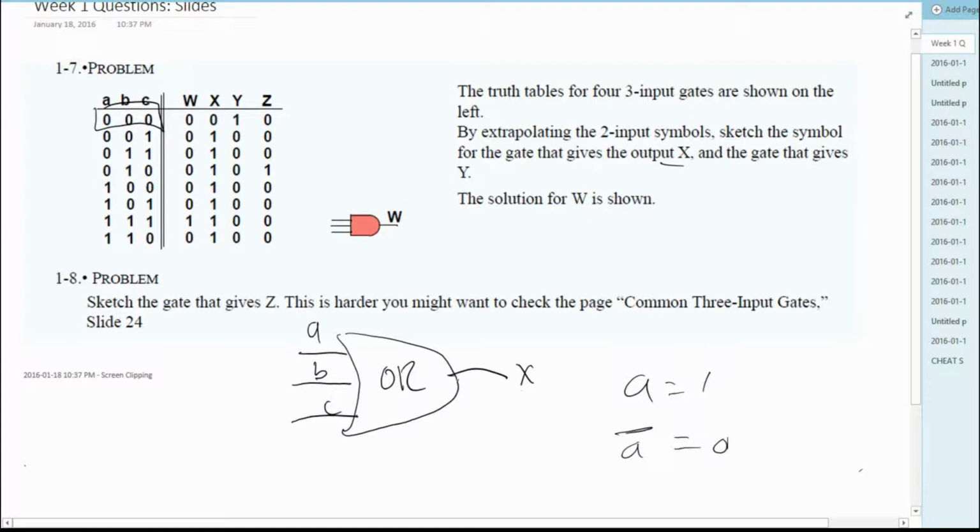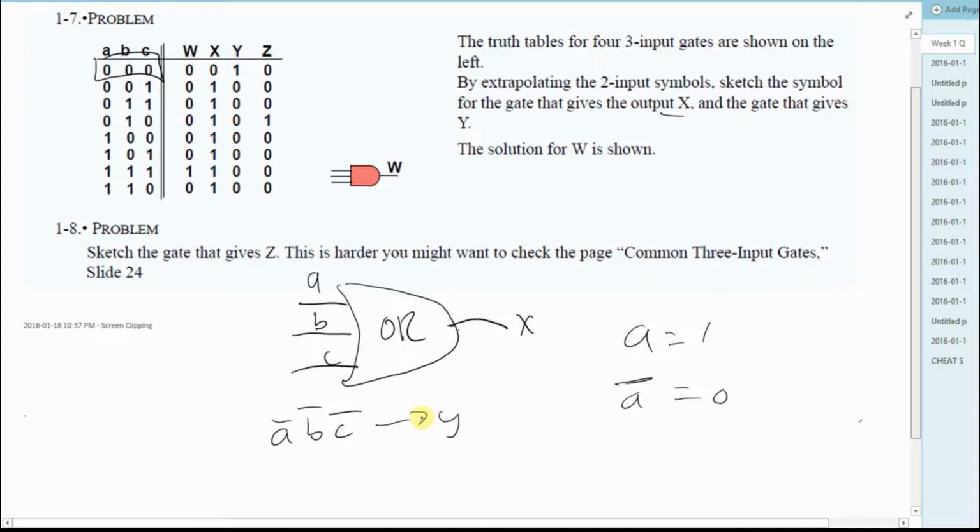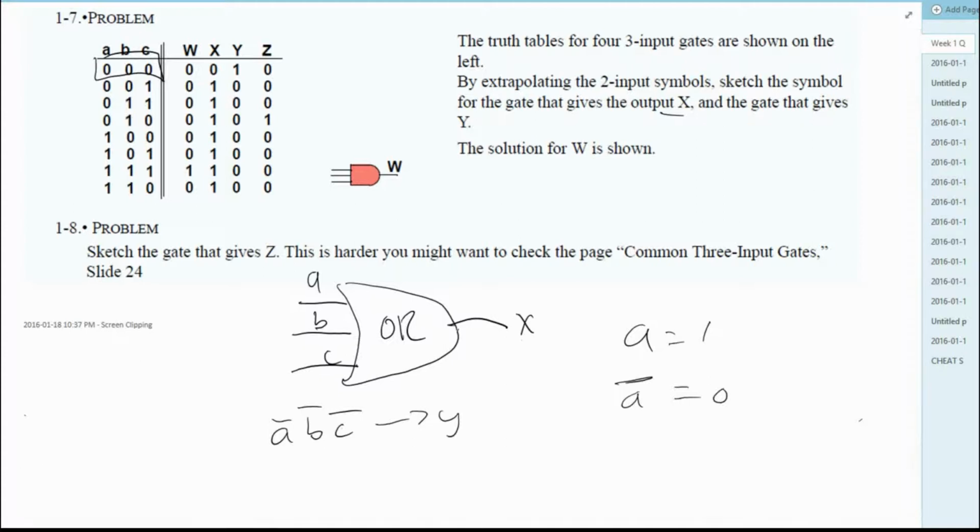So our possible combination is A naught and B naught and C naught will give us Y. Since they all have to be 1 to give us a true, but we need all zeros, we can just draw the gate out like this. The circle means not, and this popsicle thing is AND.